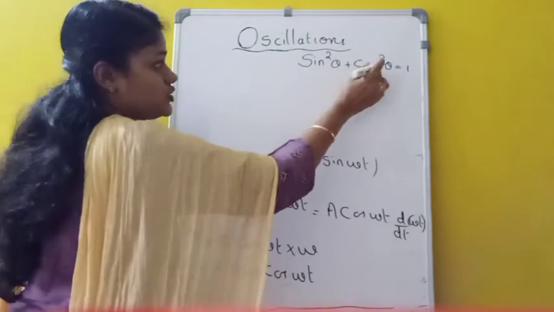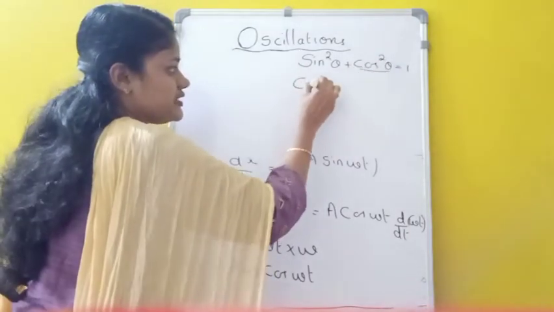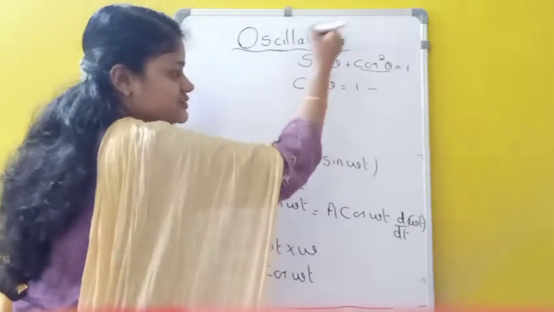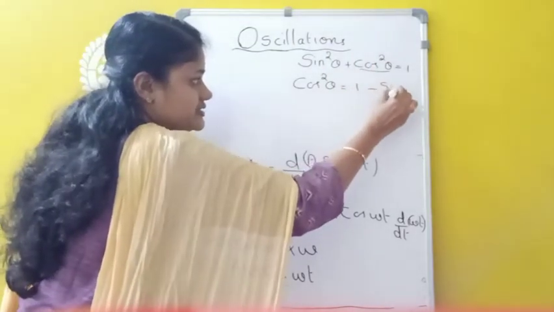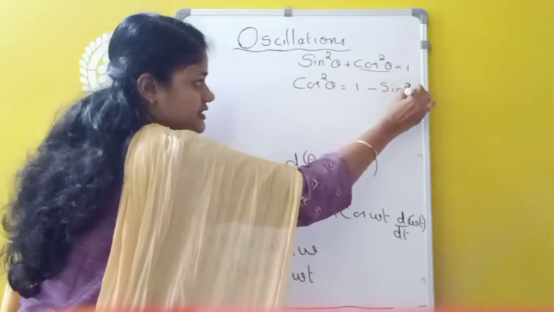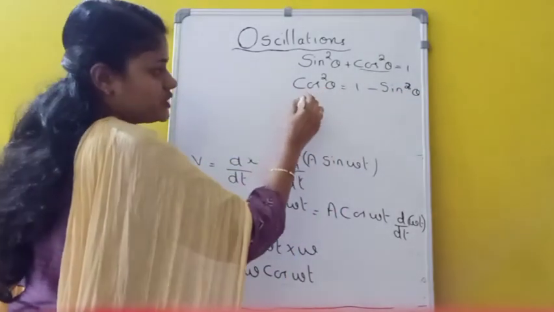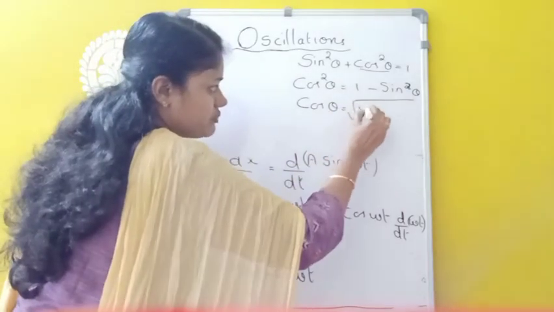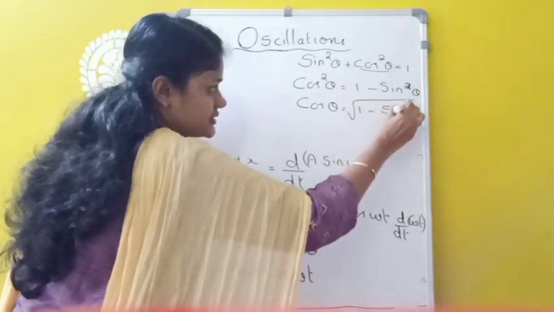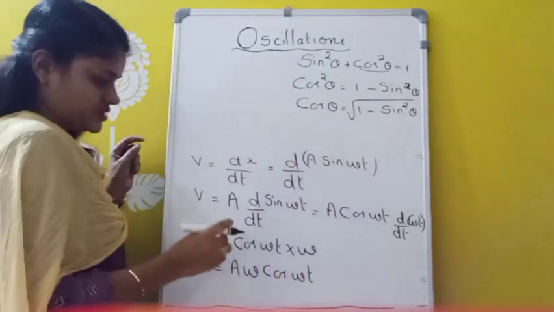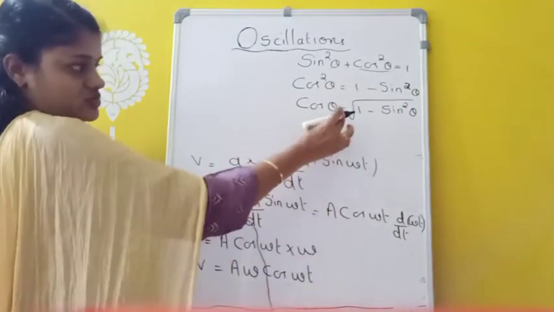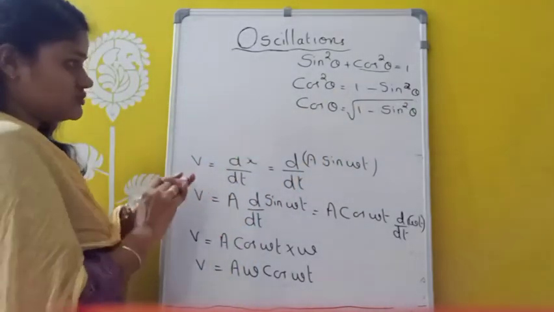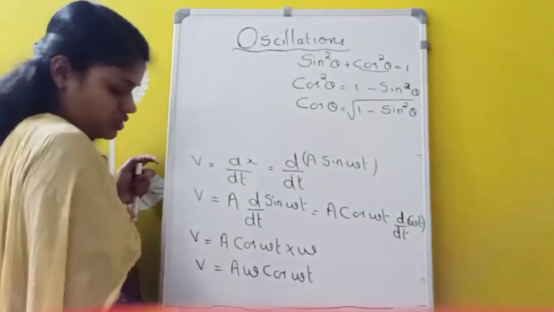From this, cos square theta equals 1 minus sin square theta, or cos theta equals root of 1 minus sin square theta. So instead of cos omega t, I write root of 1 minus sin square omega t, because instead of theta we have omega t.